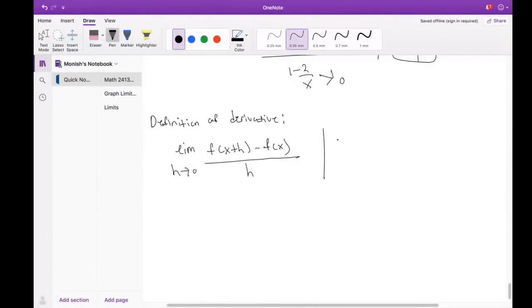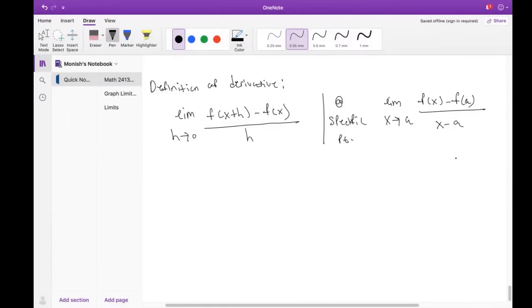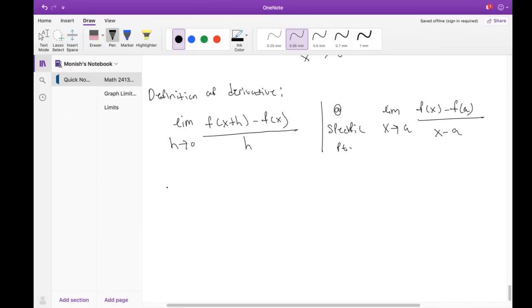If I wanted it at a specific point, then my formula would be the limit as x approaches a of f of x minus f of a over x minus a.